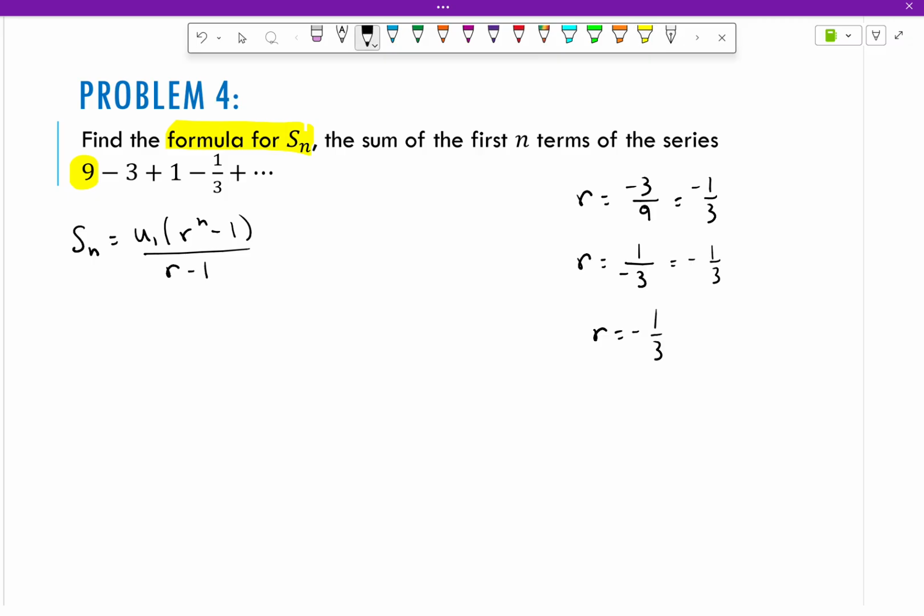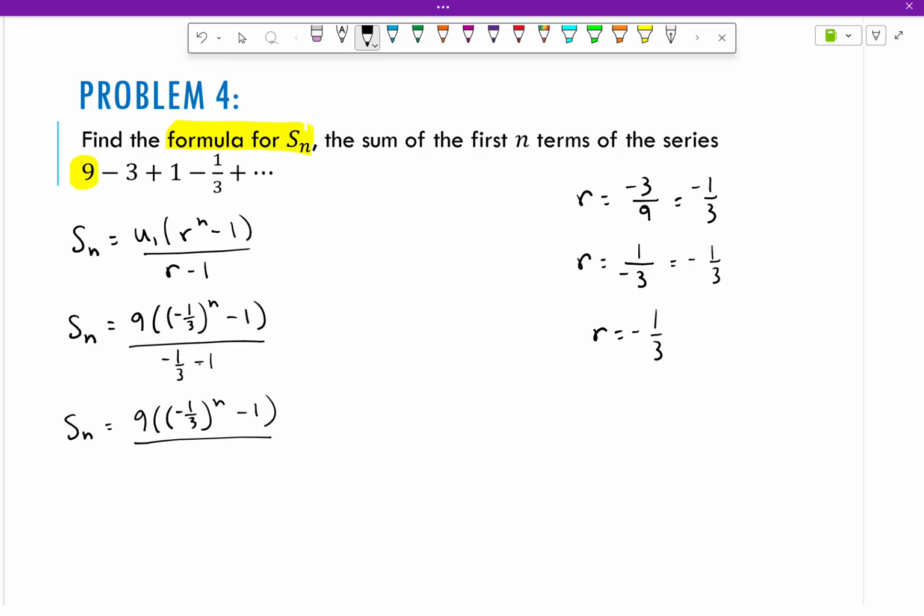So now I can fill in what I know. So I have s sub n equals 9, and then I have negative 1/3 to the n, subtract 1, over negative 1/3 minus 1. That would give me this. Negative 1/3 minus 1 is negative 4/3.